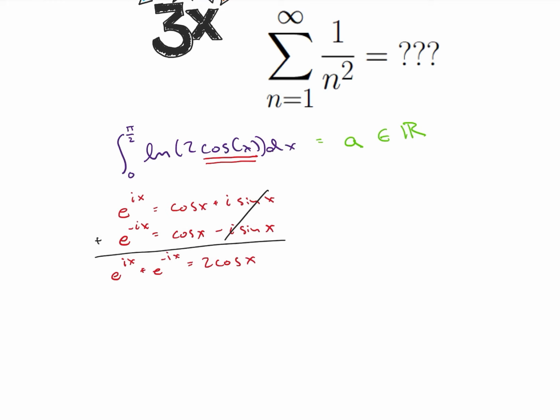This means that cosine of x can be written in complex exponential form as e to the ix plus e to the negative ix, divided by 2.